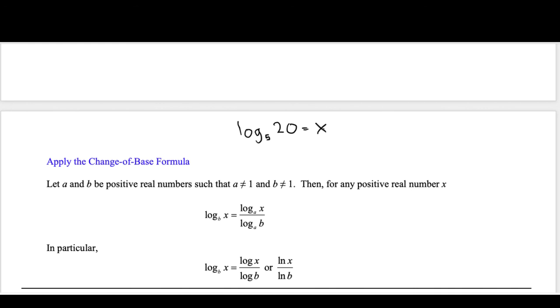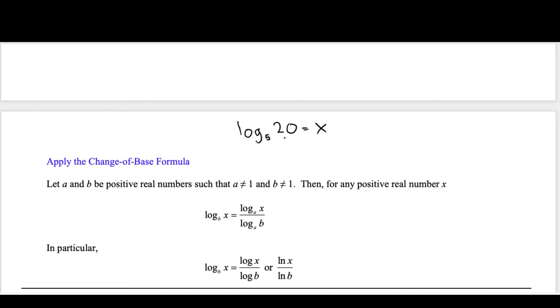And you want to figure out what x is, right? It's not obvious from this expression, because it would be basically saying 5 raised to what power equals 20, right? It's going to be some number between 1 and 2, because 5 raised to the power of 1 is 5, and 5 raised to the power of 2 is 25, right? But we don't know exactly what that is, and it's not obvious.